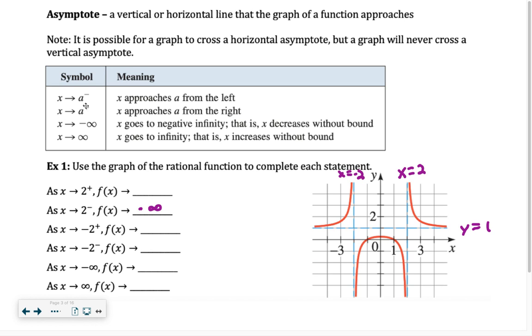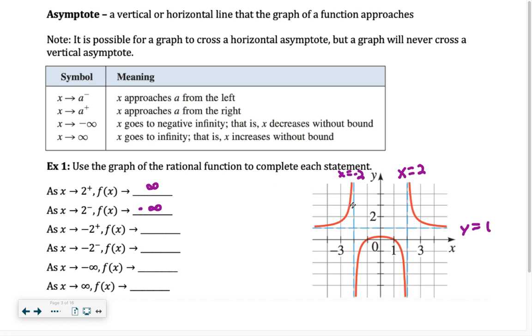Same idea if we have a plus sign, that just means approaching from the right. So here, as x approaches 2 from the right, so this is coming from the right, my function is going to positive infinity. As I'm approaching from the right, my function is going up. It's going to positive infinity.